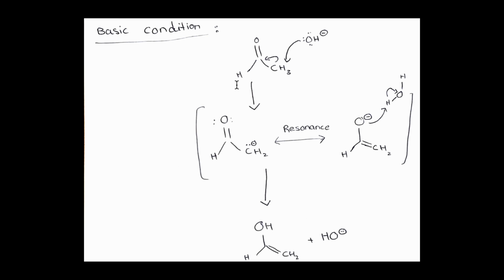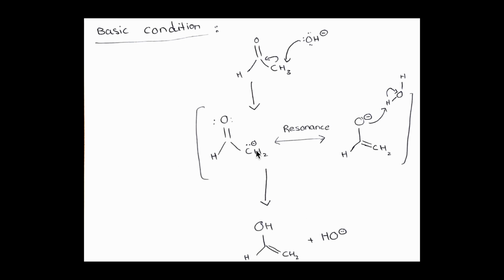So right here we have our aldehyde, and here we have our base. The lone pair from the base will transfer to the alpha hydrogen, and then the alpha hydrogen will move those two electrons to the carbon next to it. Which means the base will remove the acidic alpha hydrogen, and it will end up making an enolate ion, and that will have two resonance structures, as we can see right here. In the first one, we have a negative charge here.